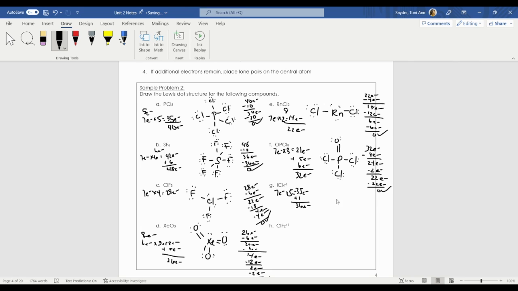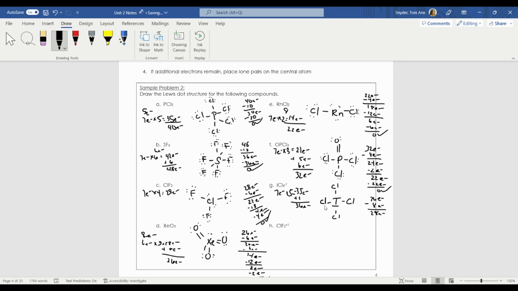Least electronegative is iodine. I'm going to put that in the middle. And let's attach our chlorines around the perimeter. So there's 36 minus 2, 4, 6, 8, gives me 28 electrons to put. Let's add some lone pairs.